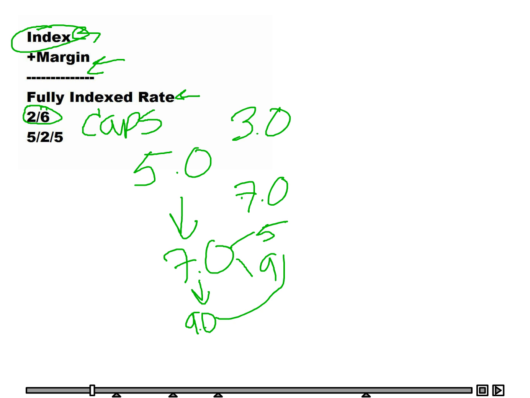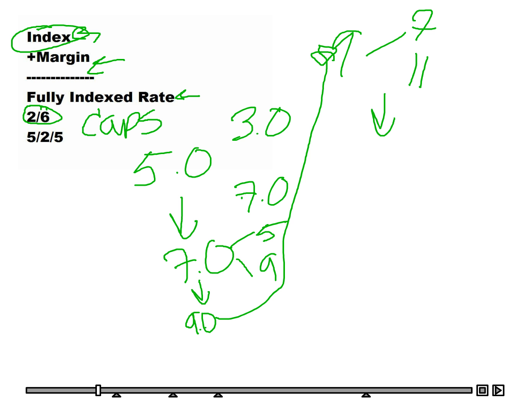At the end of year 3, we're running out of room. At the end of year 3, the maximum this loan can do is down to 7 or up to 11. Let's assume that at the end of this period it goes up to 11%. Now, at the end of this adjustment, the maximum it can go is 11%.